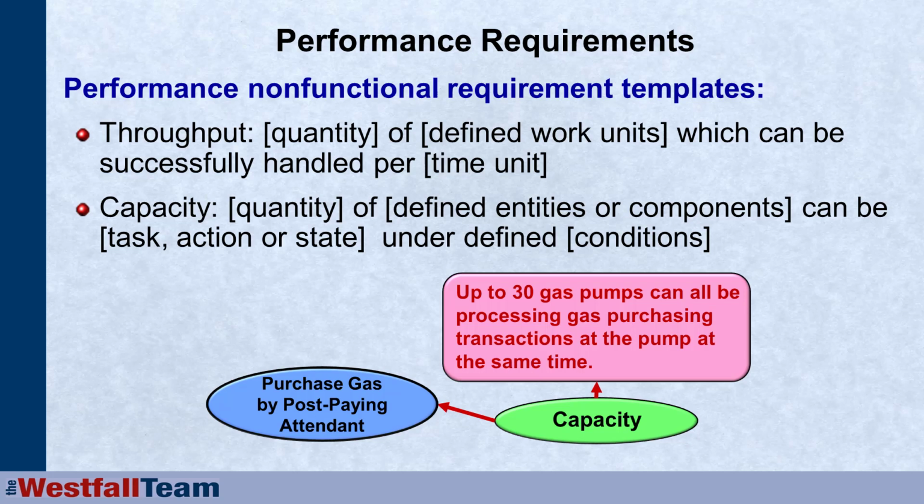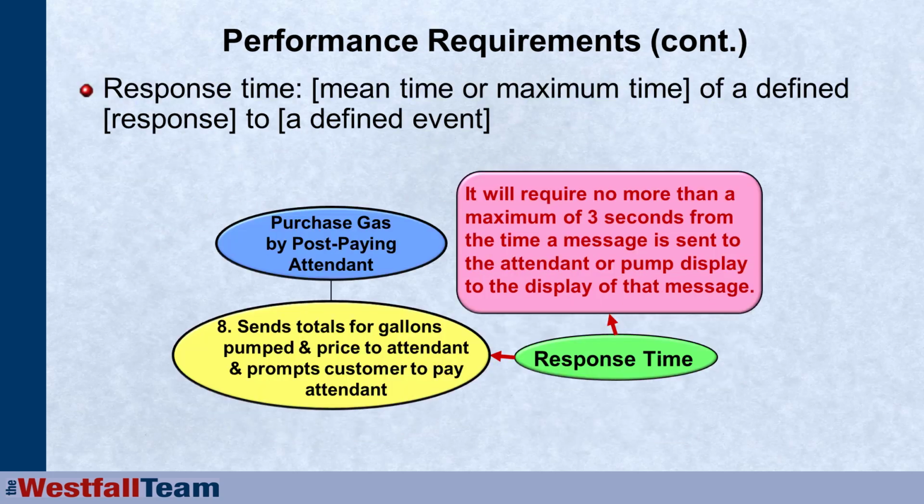That would be an example of a capacity one. Response times are also performance requirements. The mean time or average time of a defined response. Again, it will require no more than a maximum of 3 seconds from the time a message is sent to the attendant or a pump display to display that message. No more than 3 seconds.